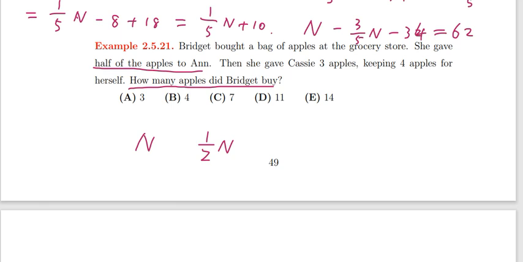Then he gave 3. So he keeps 4 for himself. So this means the total minus this equals 4. Okay, so we can easily solve this equation, right? Half A equals 7, so A equals 14.